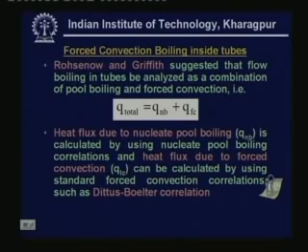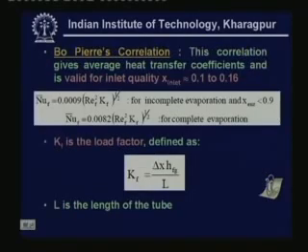The heat flux due to nucleate pool boiling is calculated by using nucleate pool boiling correlations, for example Rohsenow's correlation, and the heat flux due to forced convection can be calculated by using standard forced convection correlations such as the Dittus-Boelter correlation. This is one of the simple ways of handling flow boiling, but it is not very accurate. It gives reasonably good results but not extremely accurate.